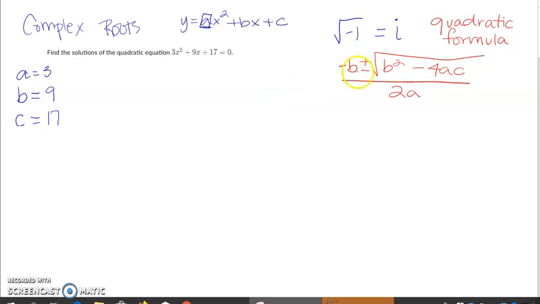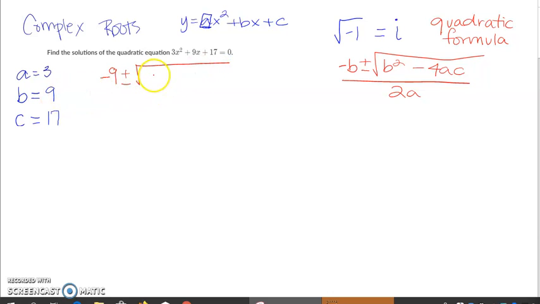All right. And these b's, a's, and c's are going to come from these numbers that we just laid out. So let's start by filling in our formula. We start with the opposite of b. That's the opposite sign. We have positive, so we'll make ours a -9, plus or minus the square root of b squared.